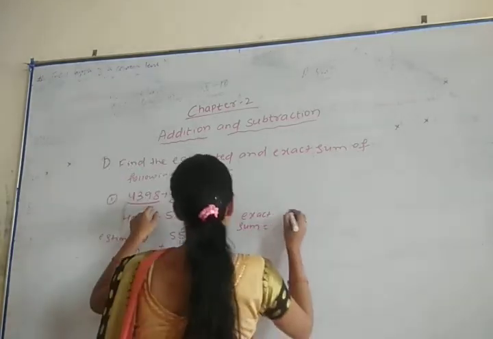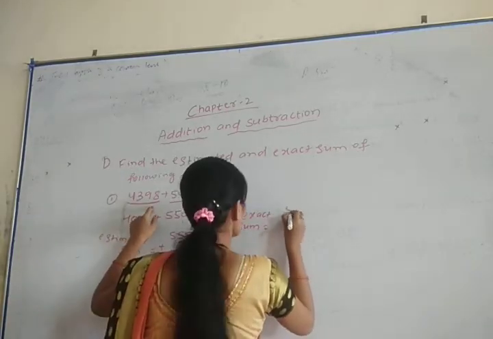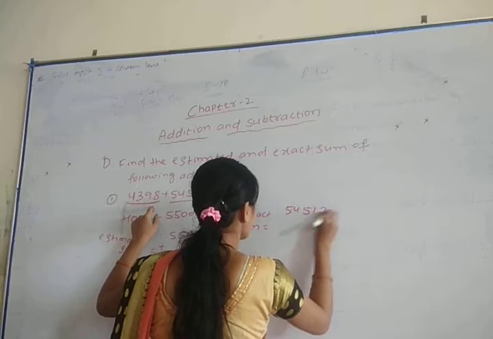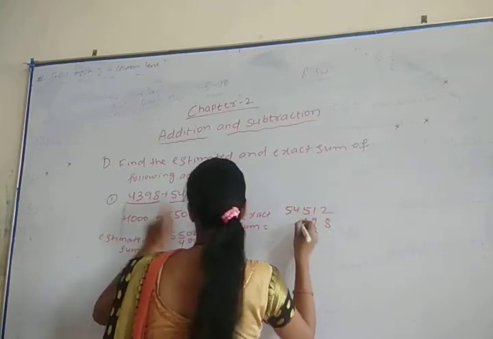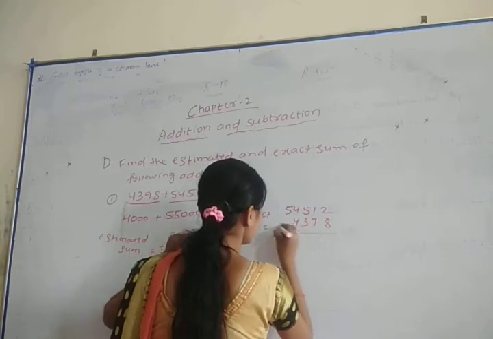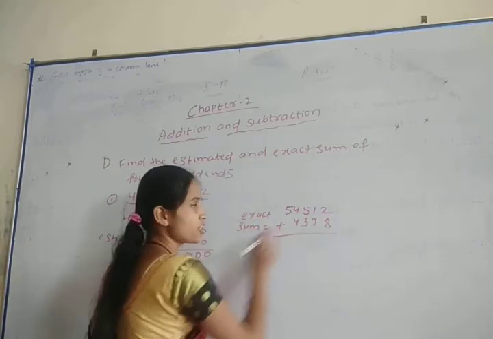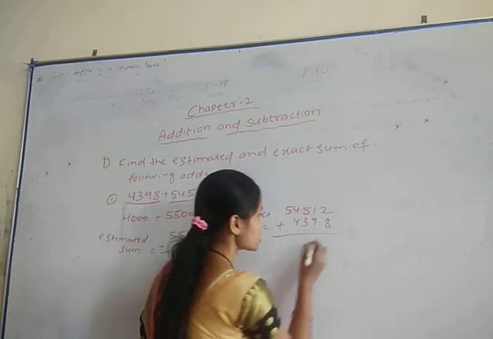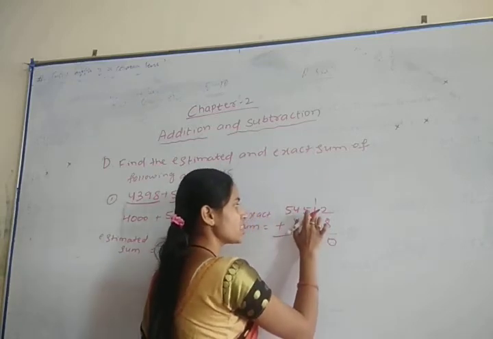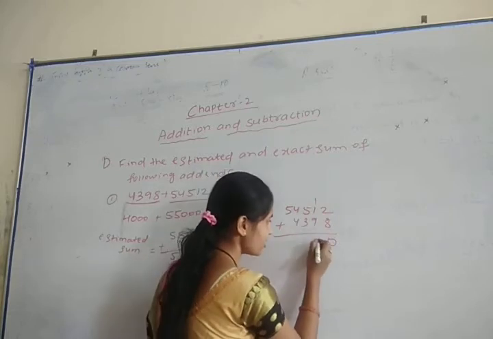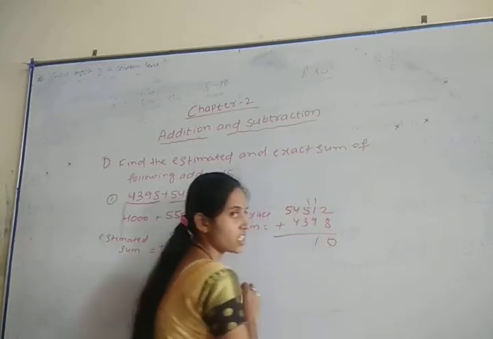Okay. Now write 54,512. Below that write the smaller number, which is here. Now add these two. So 8 plus 2 is 10. Keep 0, take 1 as a carry. Now 9 plus 1 is 10, 10 plus 1 is 11. Write 1 here and take 1 as a carry.